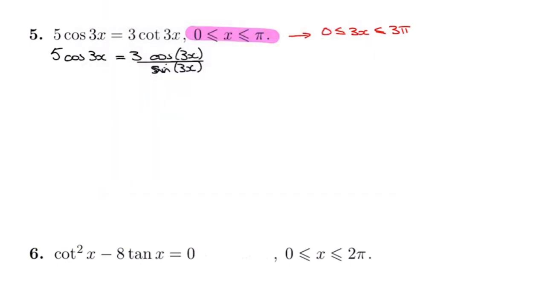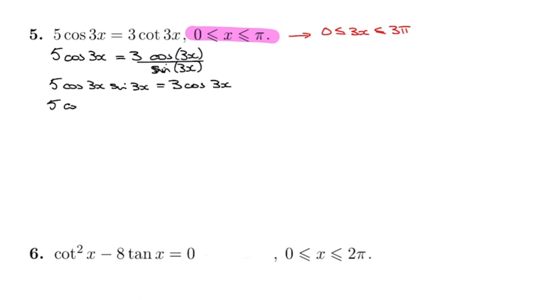Right, okay, so the first thing I'm going to do is multiply both sides. So I get 5 cos 3x sine of 3x equals 3 cos 3x. You'll notice cos of 3x is common to both, so instead of dividing by it, which will lose half our solutions, we're going to bring it all onto one side and we're going to factorise.